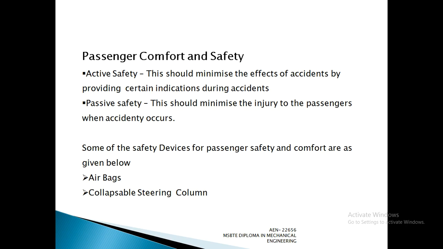Passenger safety is further divided into two parts, that is active safety and passive safety. Active safety can be defined as minimizing the effects of accidents by providing certain indications during accidents.